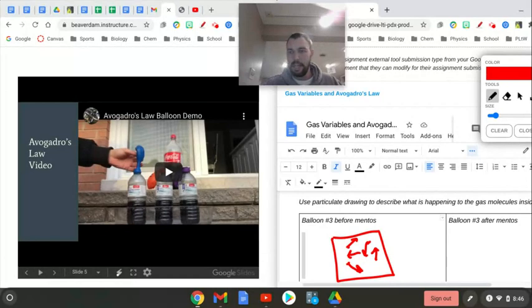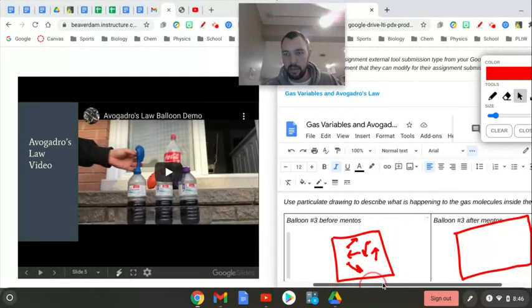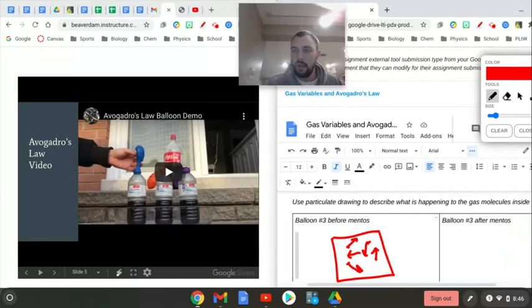Now, when we put the Mentos in there, what happens is that Mentos is helping create more gas.